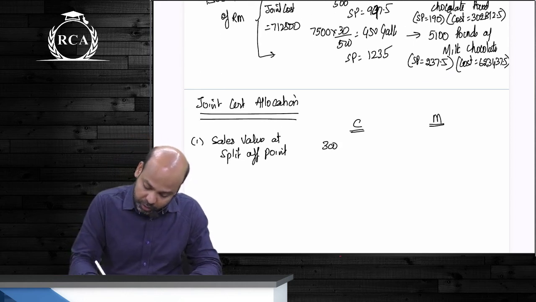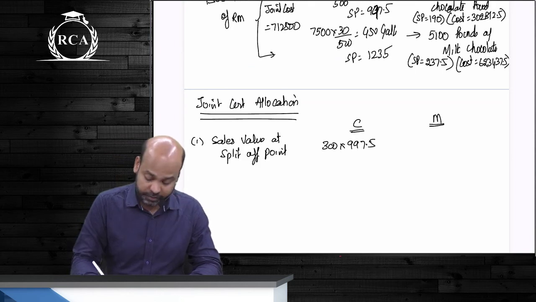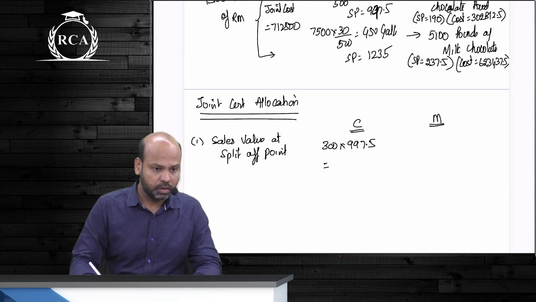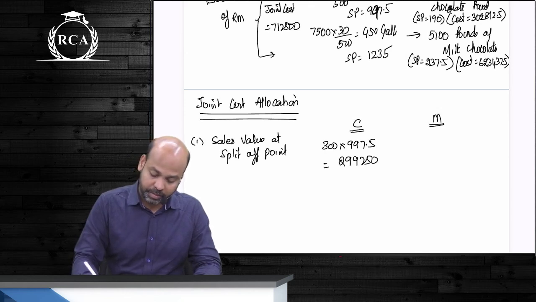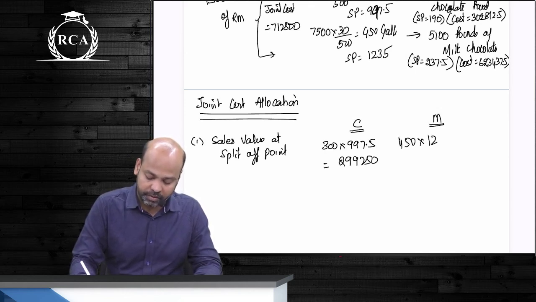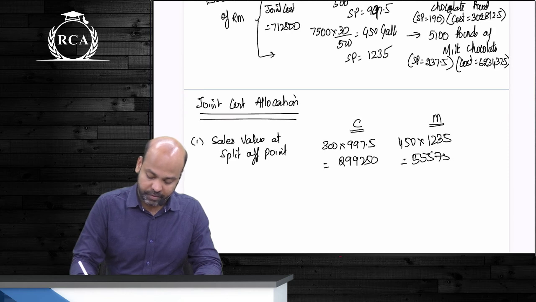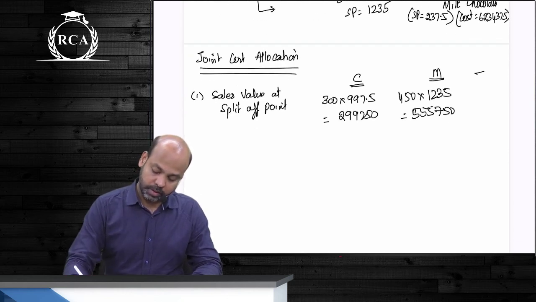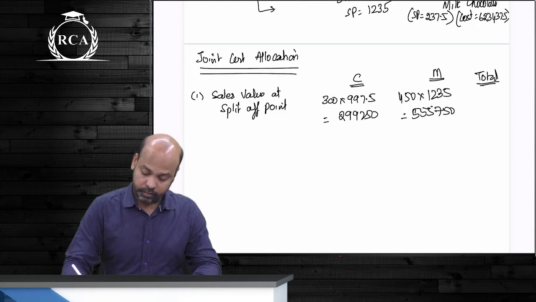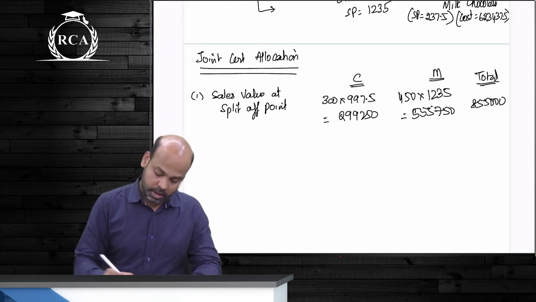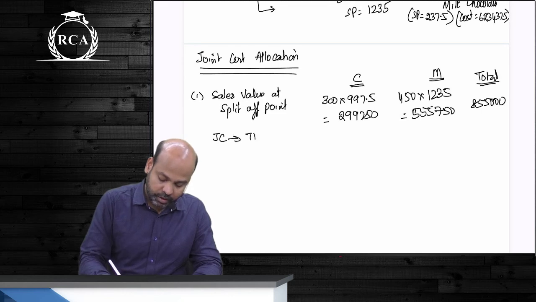300 gallons into 997.5. How much, beta? 2,99,250. The second one, beta, is 450 gallons into 1235, which is 5,55,750. Total of both, beta, 8,55,000. Now guys, joint cost, beta, is 7,12,500.